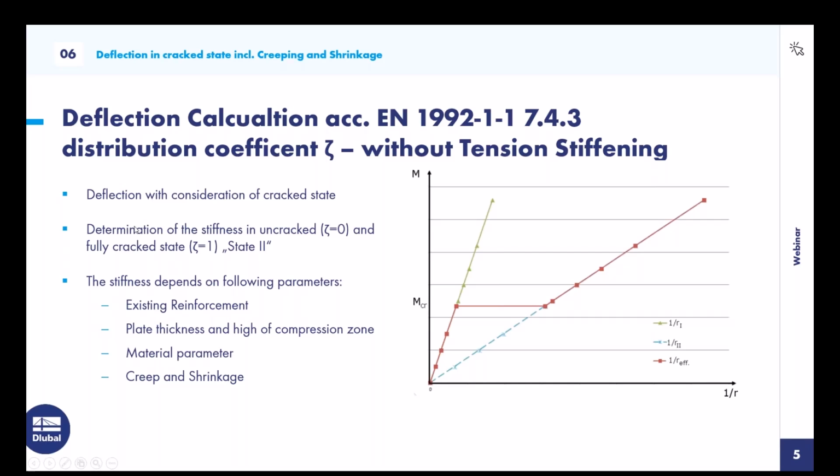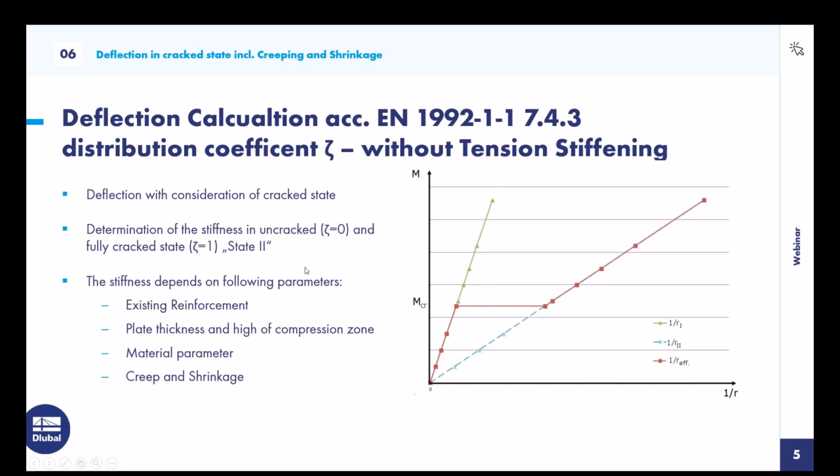So the program calculates a stiffness for uncracked state, which is this function here, and cracked state. And so we have a stiffness for uncracked state and a stiffness for, let's say, fully cracked state here. And depending on if the element cracks or not, it uses the value for the uncracked or cracked stiffness.